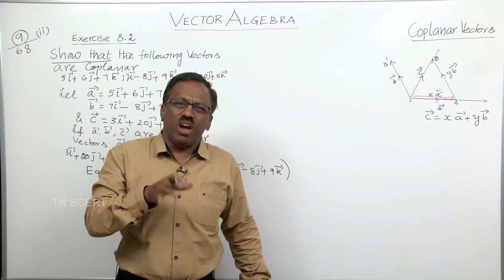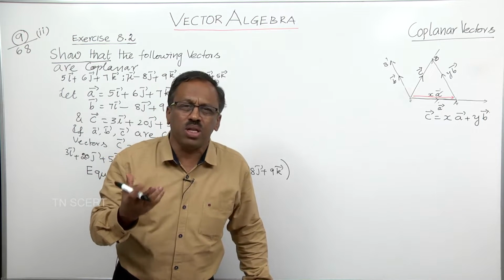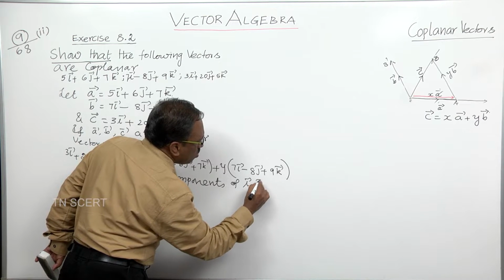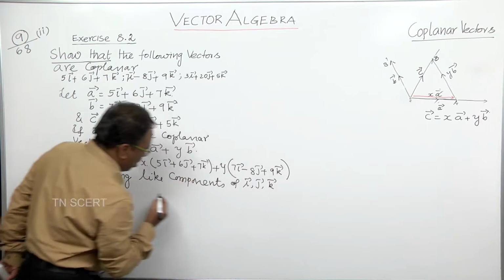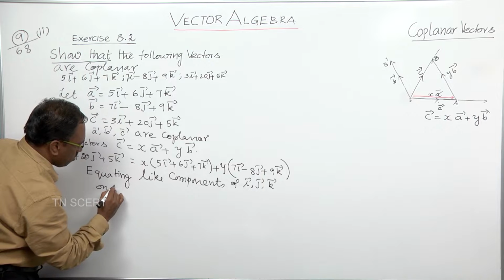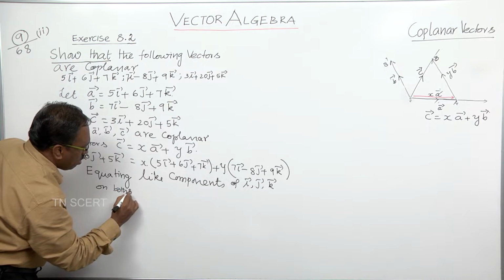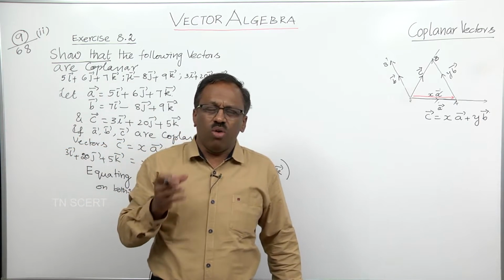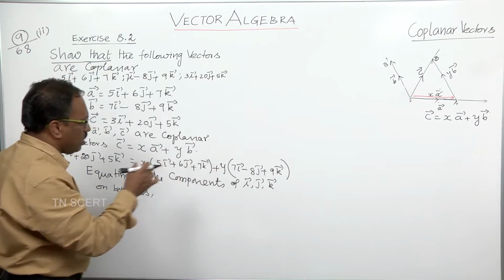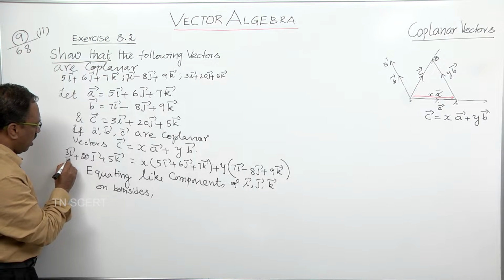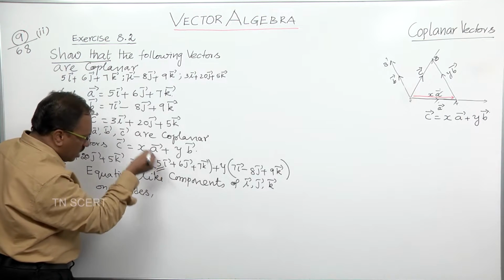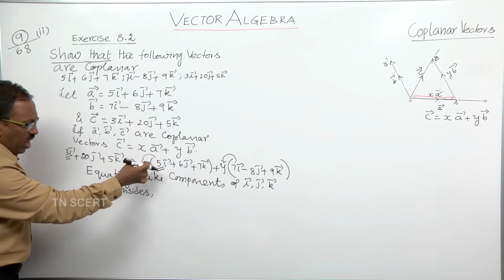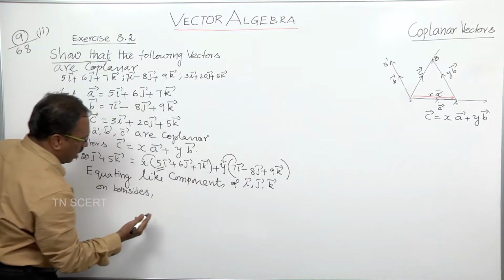When we represent in vectors, we have to use the word components of I vector, j vector, k vector on both sides. So, you should know certain usages of words of vectors. Here we are using the components. Here 5 with x and 7 with y. Remember that, 5 with x, 7 with y.